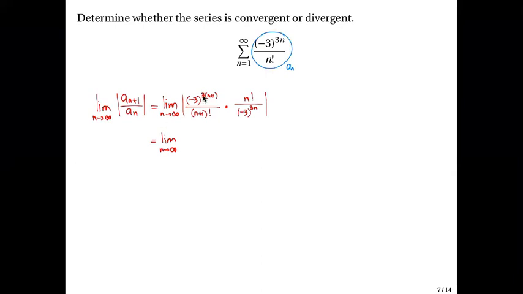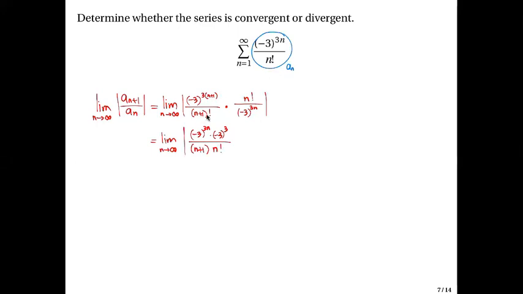We distribute this 3 over this n plus 1 and then i-separate na natin si negative 3 to the 3n at saka si negative 3 raised to 3. So you will have negative 3 raised to 3n times negative 3 raised to 3. And then sa denominator dito, we will have n plus 1 times n factorial.